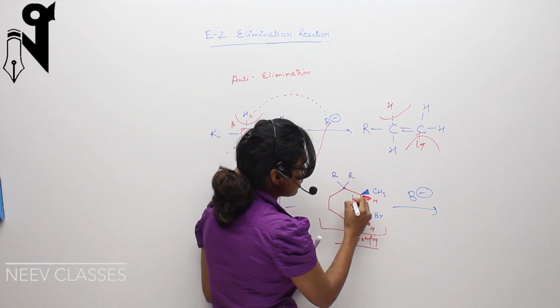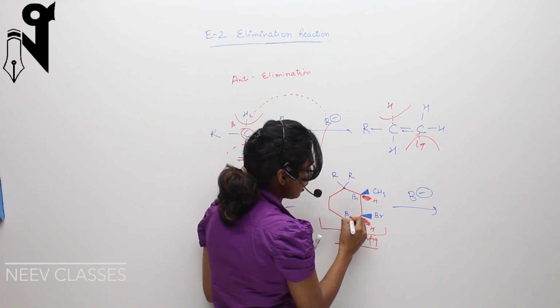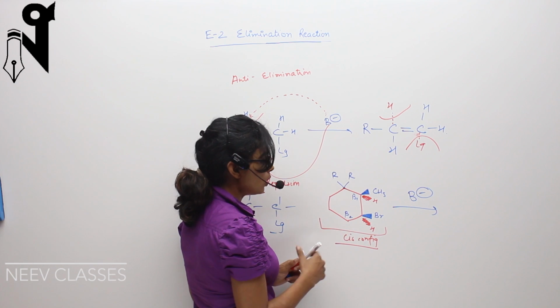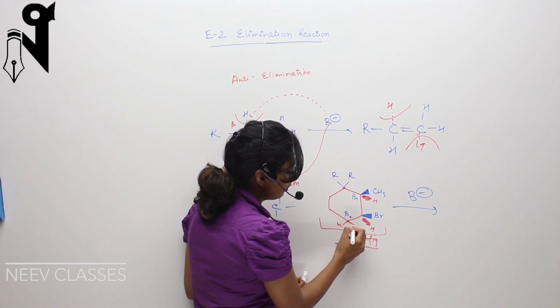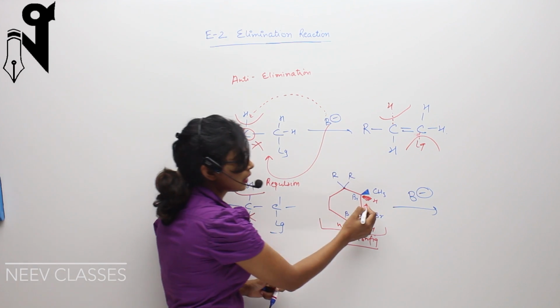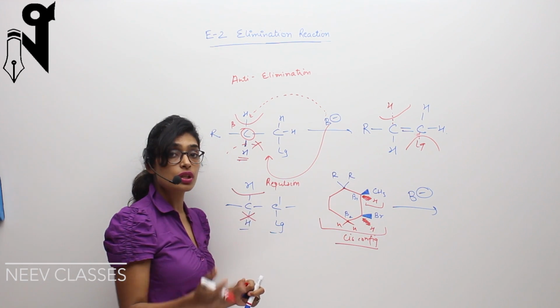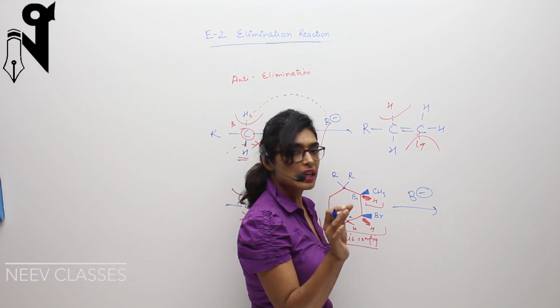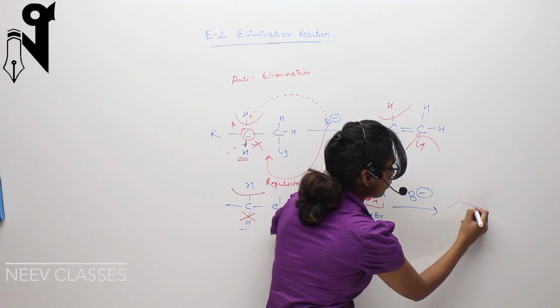One is this beta carbon, beta 1, and this is beta carbon, beta 2. Now from which positions can my hydrogen be removed? From beta 1 and beta 2. If the removal happens from beta 1, this hydrogen, which is in the opposite direction with respect to the Br, will get removed. So when the base attacks, this will be my product formed.